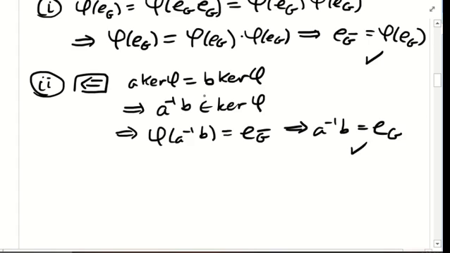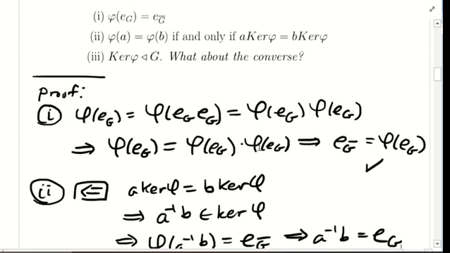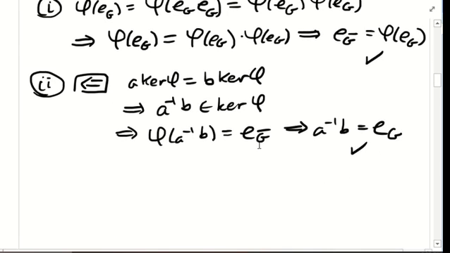And so that means that, sorry, wait, that's not what I wanted to prove. Oh yeah, sorry. I meant to say that this is not the identity.